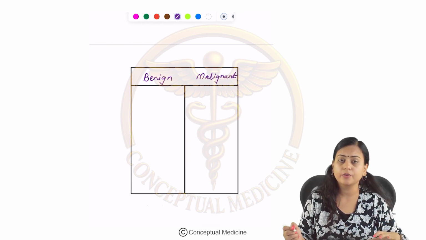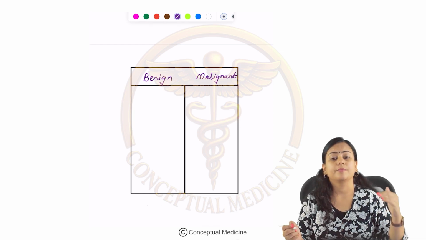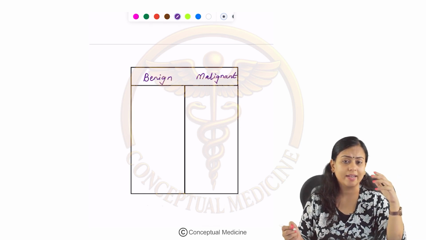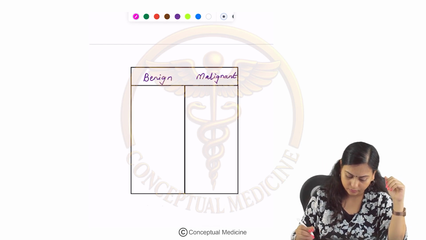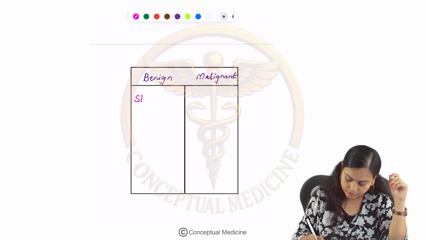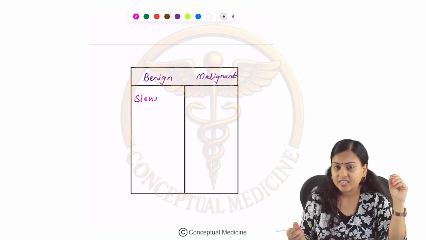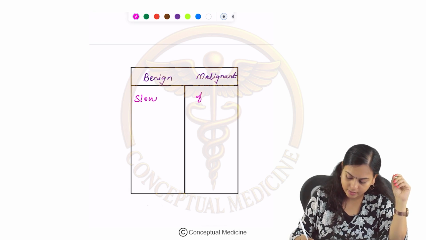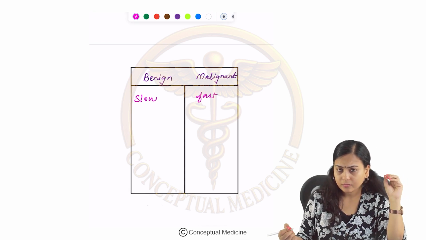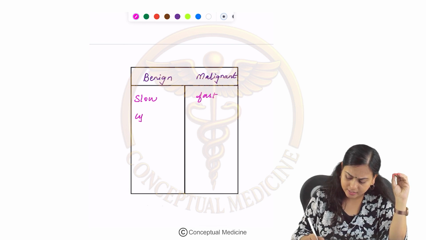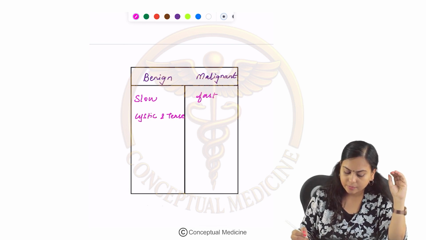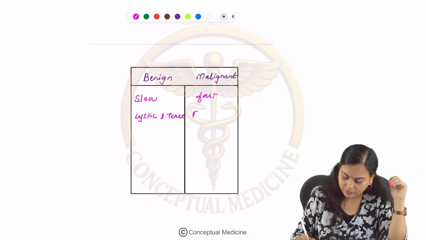Right. Now, I want to make another differentiating feature between a benign and a malignant ovarian mass. Okay, how you will be able to make it as a benign or a malignant mass while examining itself. Okay, so first, a benign mass is slow growing one, whereas a malignant mass is usually a fast growing mass. A benign mass consistency will be cystic and tense, okay, whereas in malignancy it will be firm and hard, right?